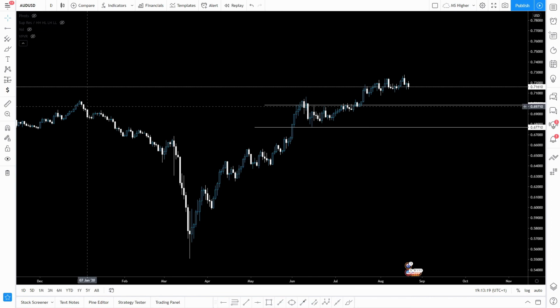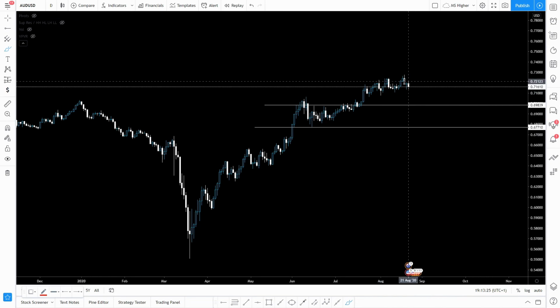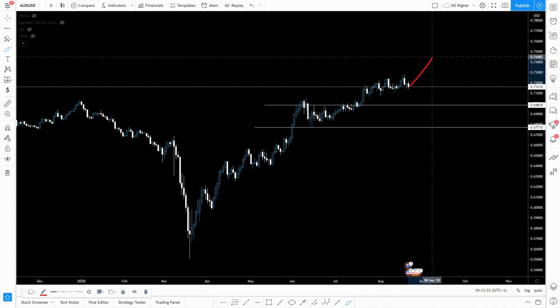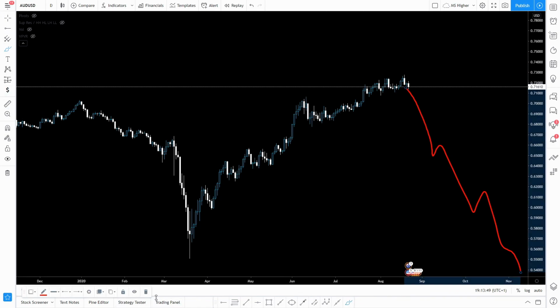If we have good fundamentals for the Aussie, and the Aussie's in a good position, we might get a rally up. If USD is in a better position, then the Australian dollar may end up going back down in waves.